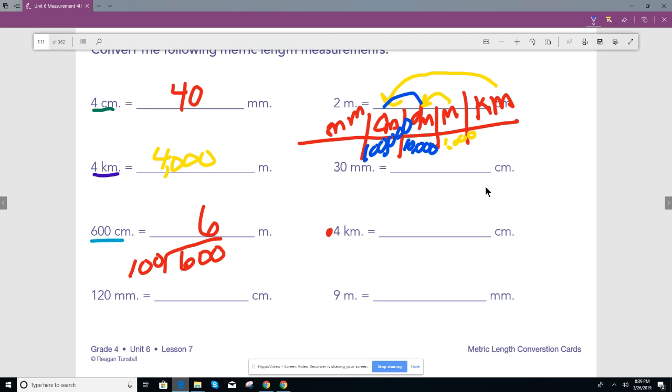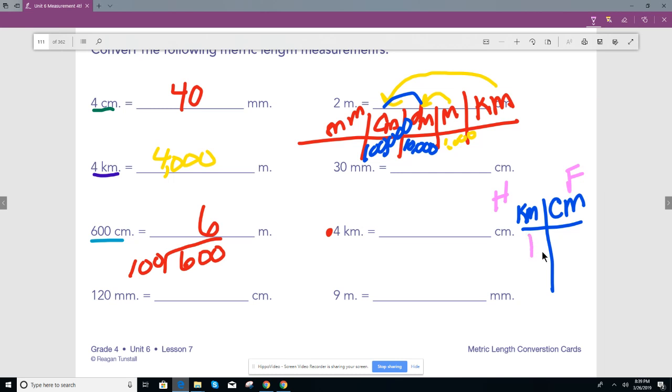Wow, that's a lot. So we are talking about going from something really, really big to something really small. Okay, so kilometer is the horse and centimeter is the fly.